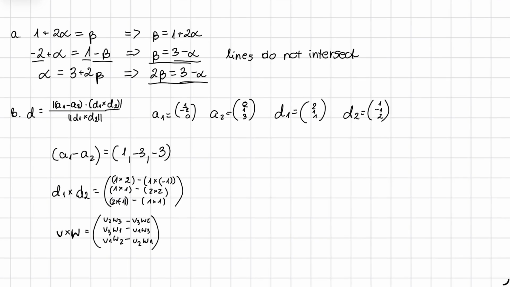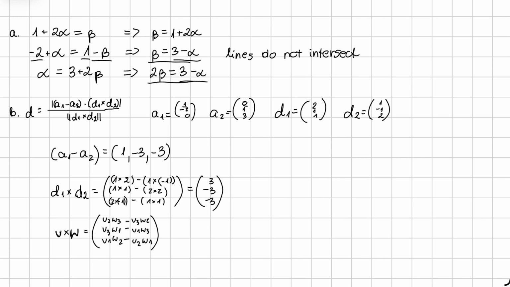So this is our vector product with values substituted. Now we have to calculate it. So 2 minus 1, it's just 1... then 3, and minus 3.